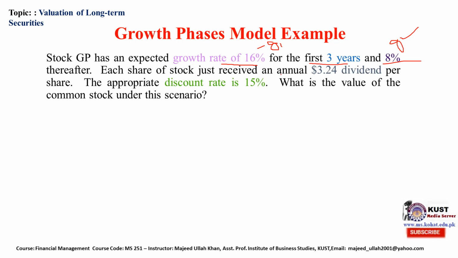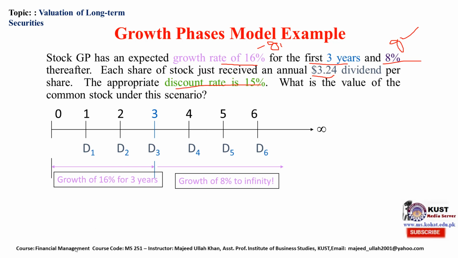Each share of the stock has just received a dividend of $3.24 per share. The appropriate discount rate is 15%. What is the value of the common share of this stock under this scenario? So there are two growth rates: one is 16% for the first 3 years, and then 8% after 3 years till infinity.